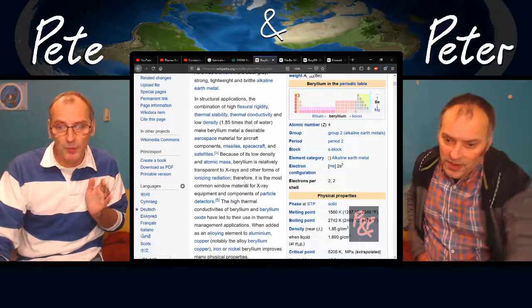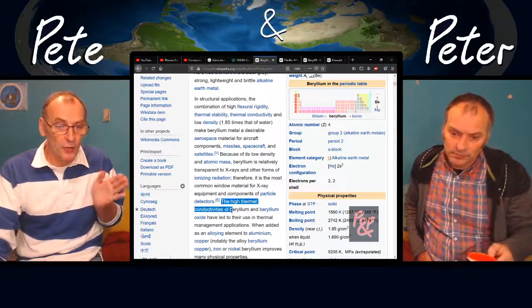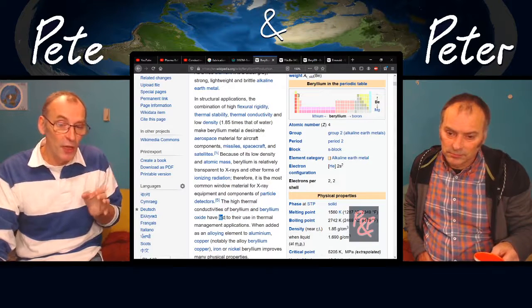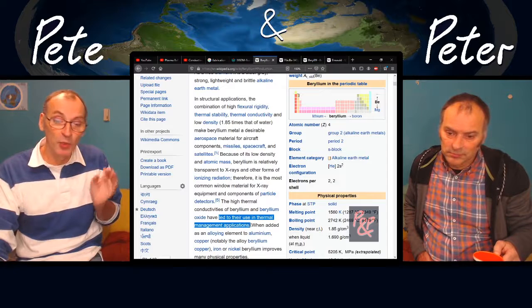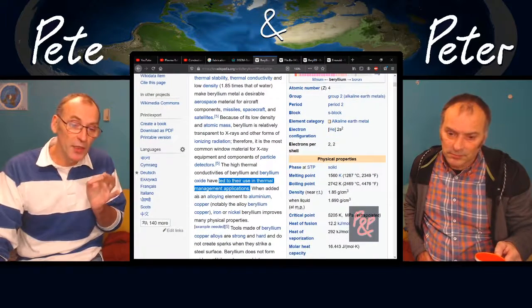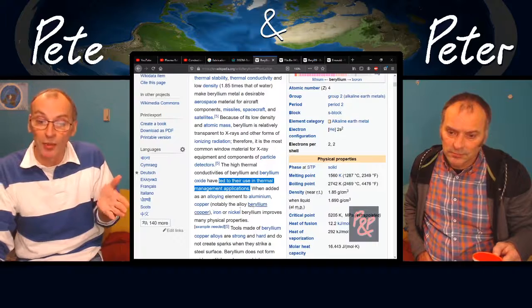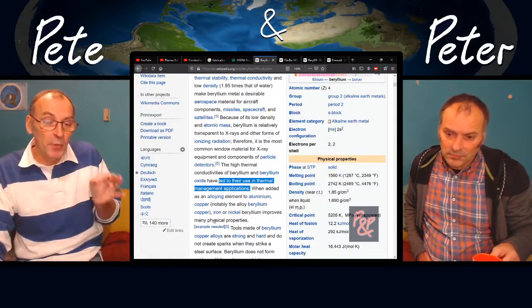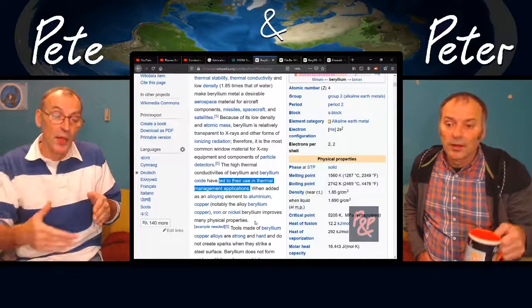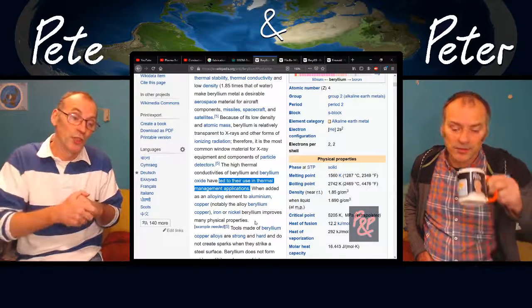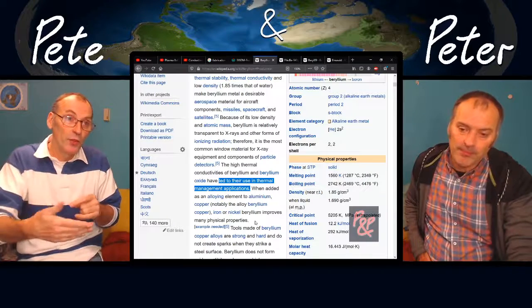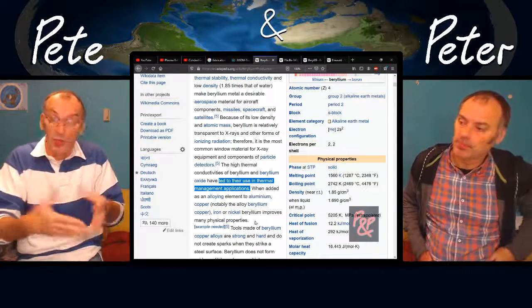It's got here the high thermal conductivities of beryllium and beryllium oxide have led to their use in thermal management applications. When added as an alloying element to aluminium, copper, iron or nickel, beryllium improves many physical properties, and that's because of the oxygen content. In our understanding, oxygen is a substance that can strengthen the properties of a substance.